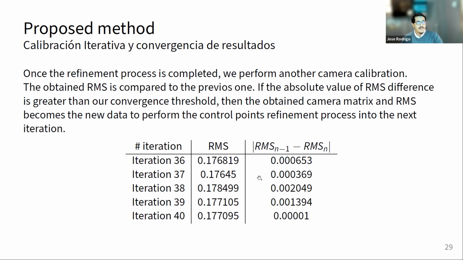We have here an example starting from iteration 36, where we can see that the RMS is 0.000653, and it's getting lower or higher until it gets lower than 0.00005. And here is the best result that we found.